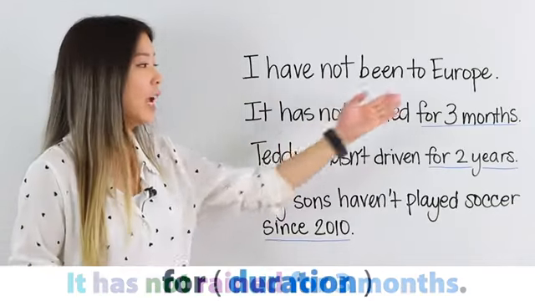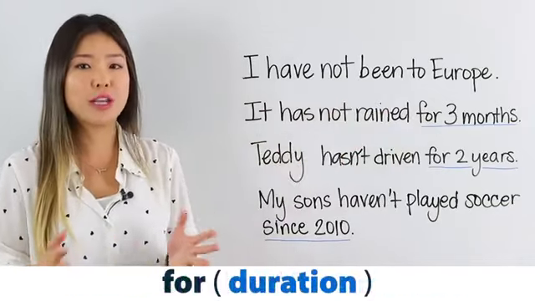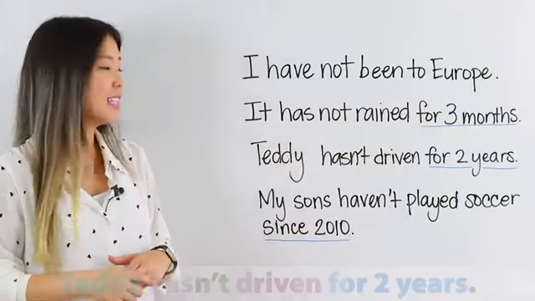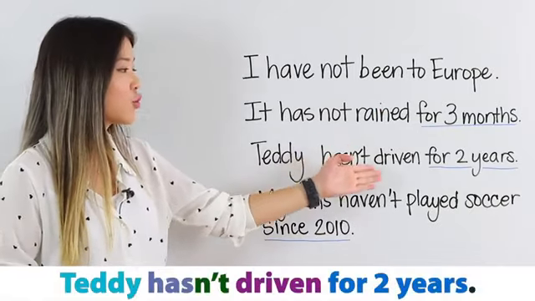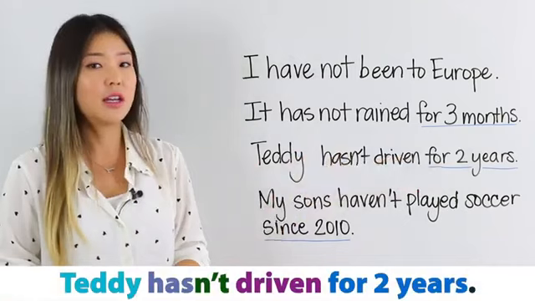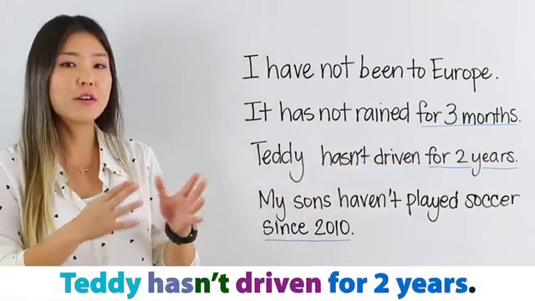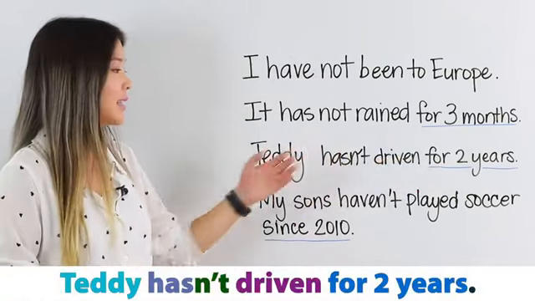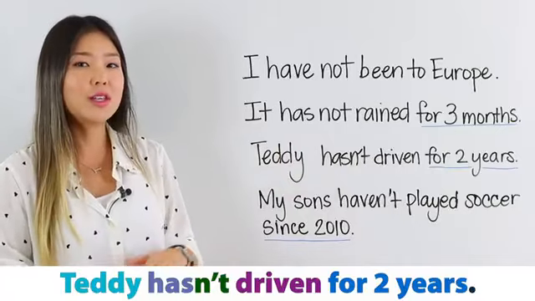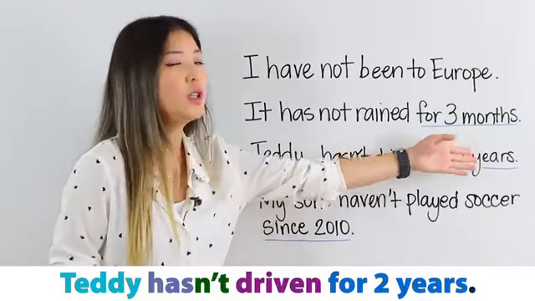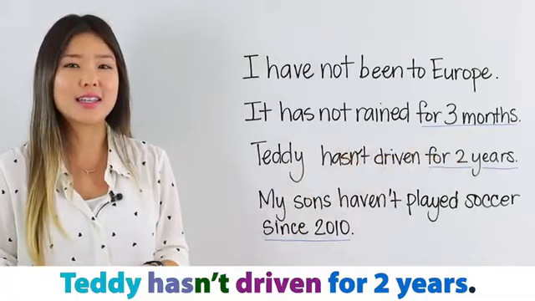Here, we have a time expression to show the duration. The next example says, Teddy hasn't driven for 2 years. We use the contraction here for has and not, hasn't. And then we use the time expression for 2 years at the end of the sentence.